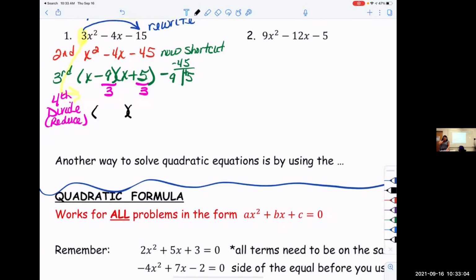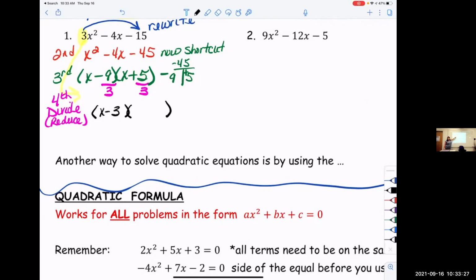So if you can divide, you divide. If you can reduce, you reduce. So take a look at this one. What's 9 divided by 3? So we're just gonna put x minus 3 in this one because it divides out nice and evenly. Maybe it does, maybe it doesn't. We don't care if it doesn't divide. So I'll look at 5/3. It doesn't divide evenly.